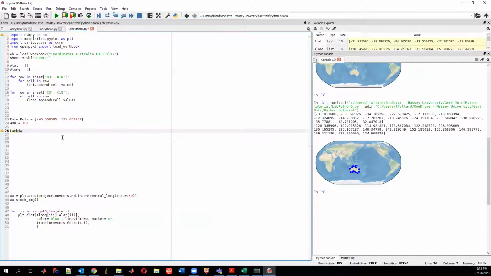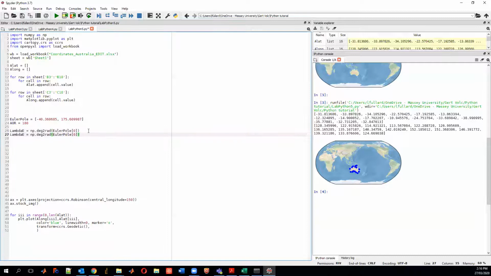I'm going to define lambda E, the radian version of my latitude: numpy dot degrees to radians of the entry in the 0th position of Euler pole. So I'm taking this angle in degrees and converting it to radians, and I'm calling it lambda e.